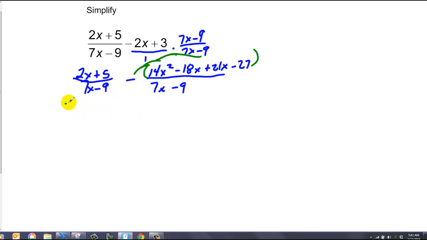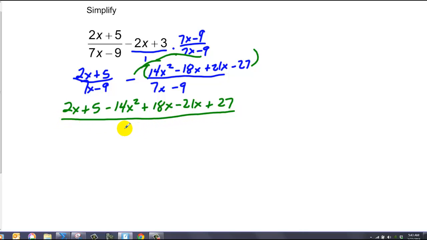So I have 2x plus 5 minus 14x squared plus 18x minus 21x plus 27, all over this LCD of 7x minus 9.